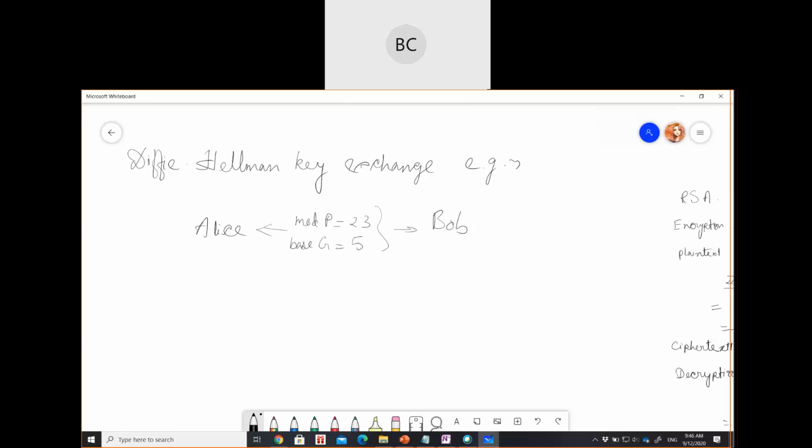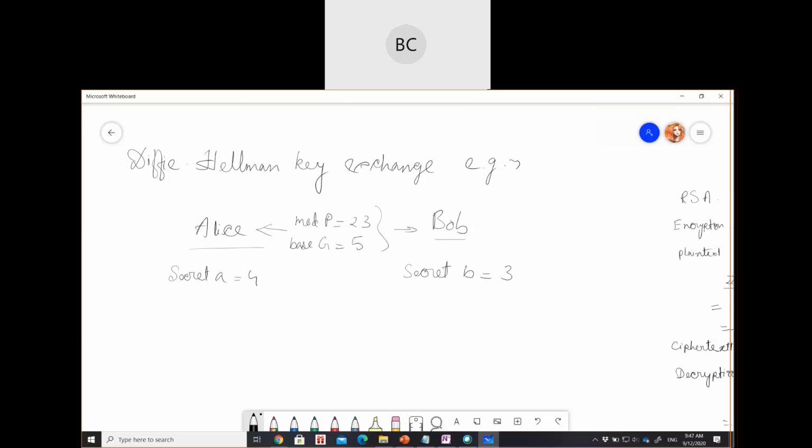Now Alice will have her own secret. Suppose the secret A is 4, and Bob will also have his own secret key, for example 3.